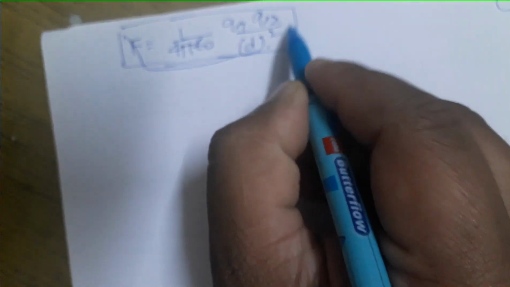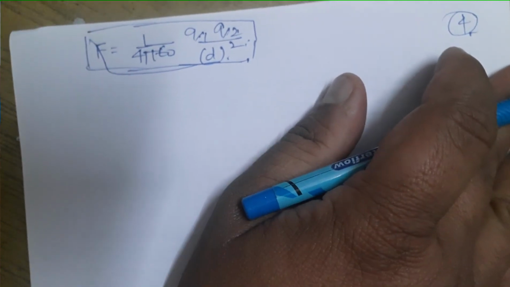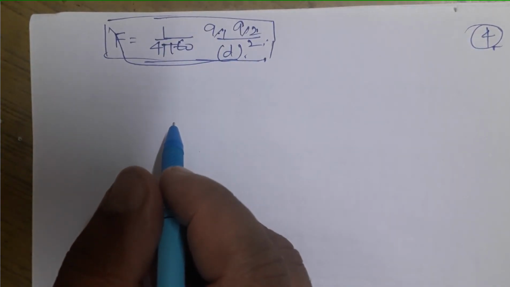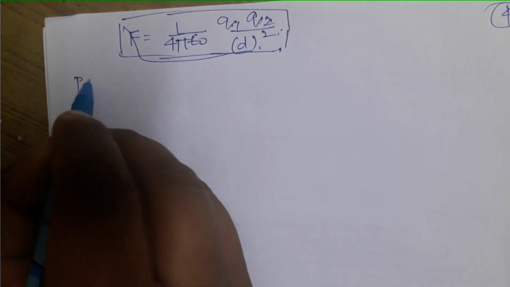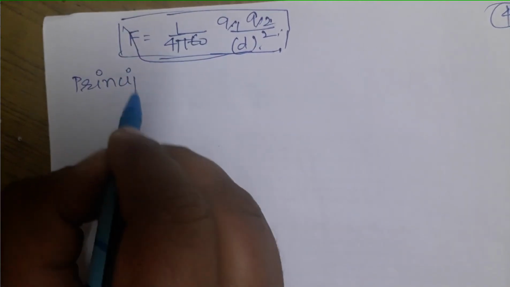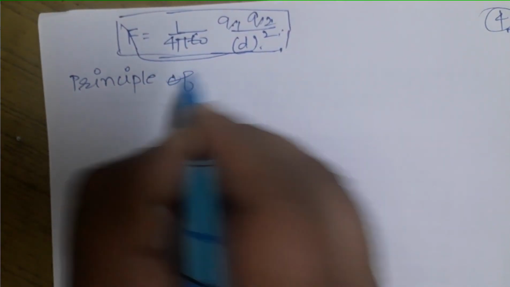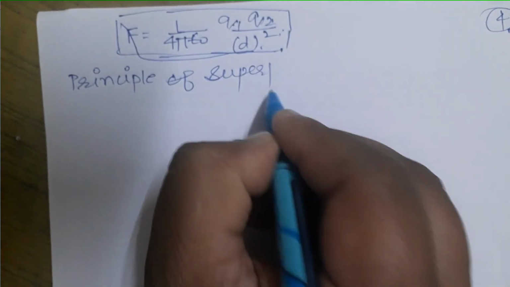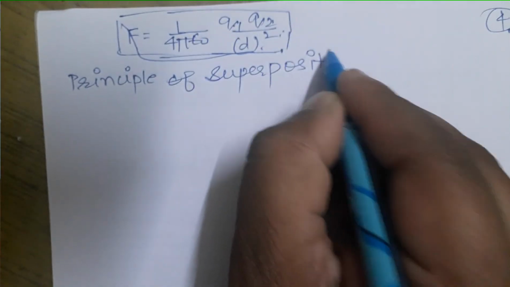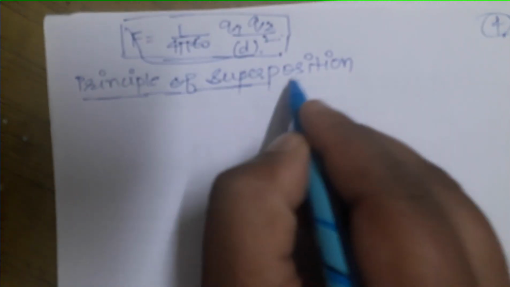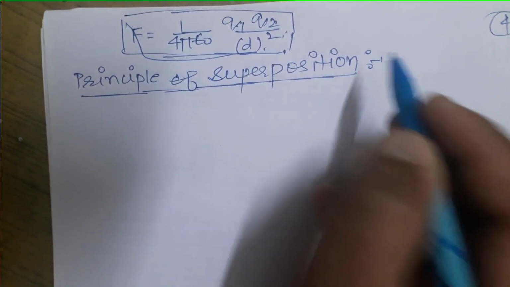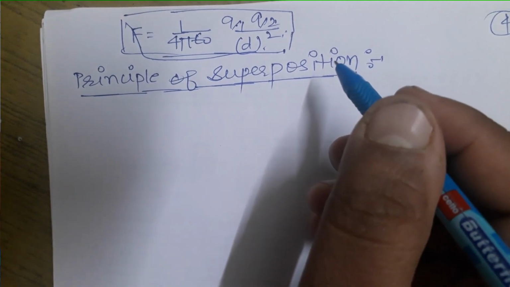What is the force formula? If somebody asks what is the force formula, the force formula is 1 by 4 pi epsilon naught, first charge, second charge, by distance squared. So always remember this. This formula I will use in solving the numericals.